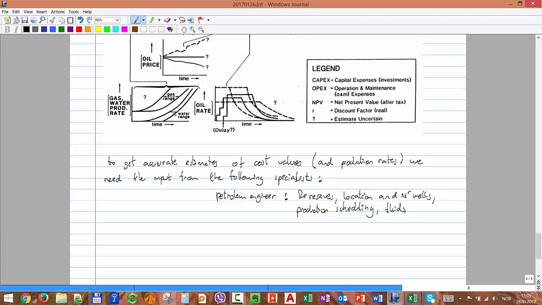Okay. Then comes the drilling engineer. And the drilling engineer is estimating the drilling and completion costs.